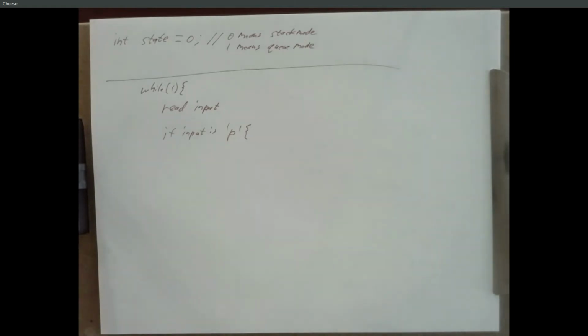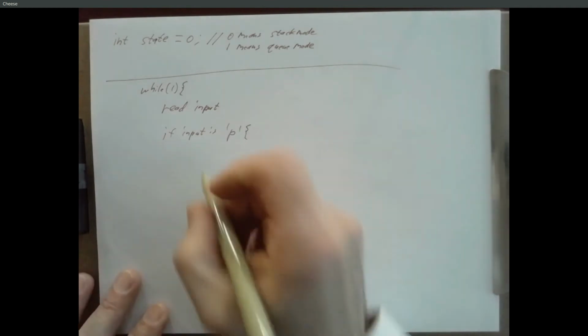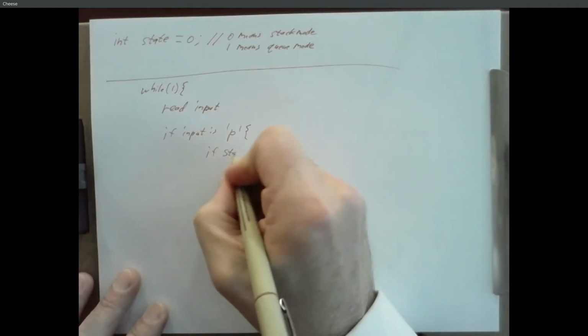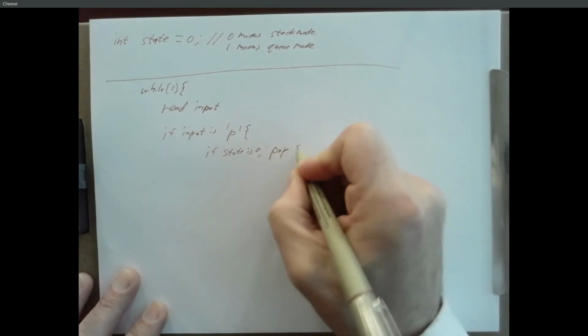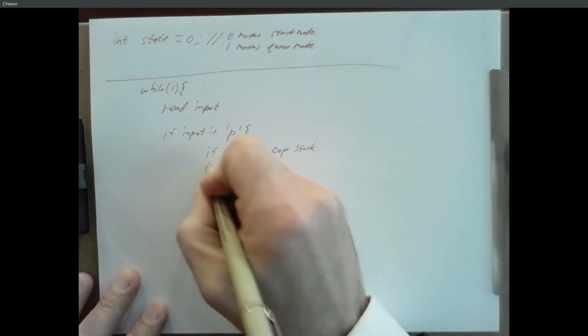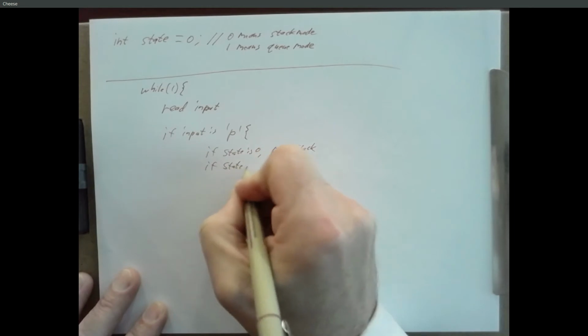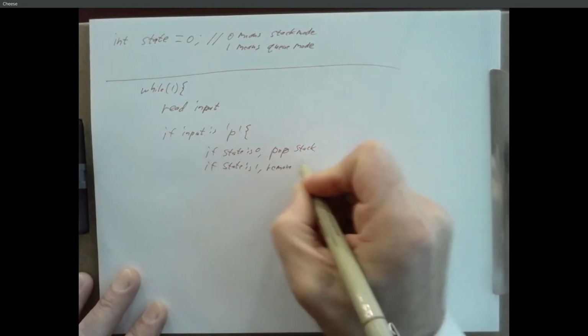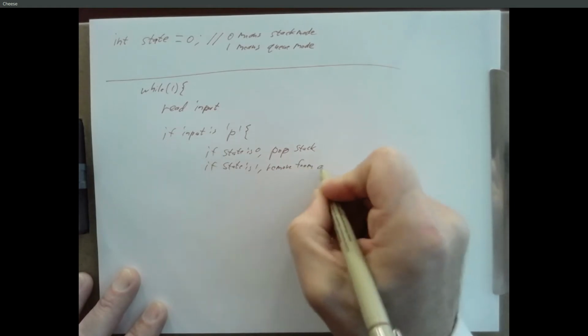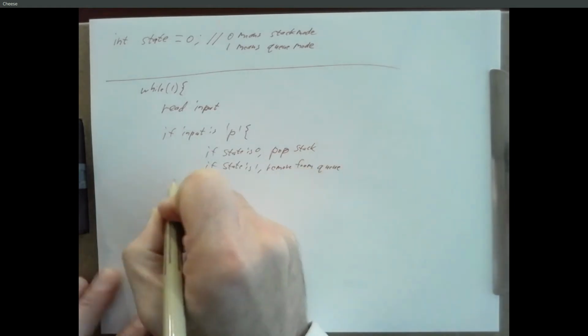How do we know what mode we're in? Check your state variable. So if state is 0, pop the stack. If the state is 1, remove from the queue.